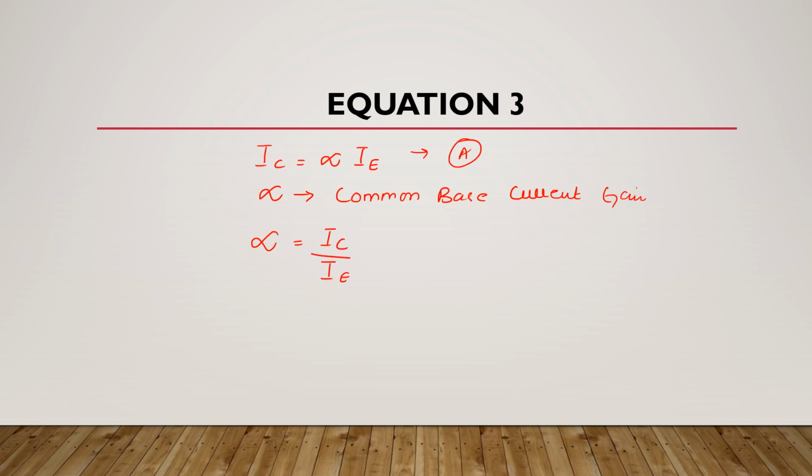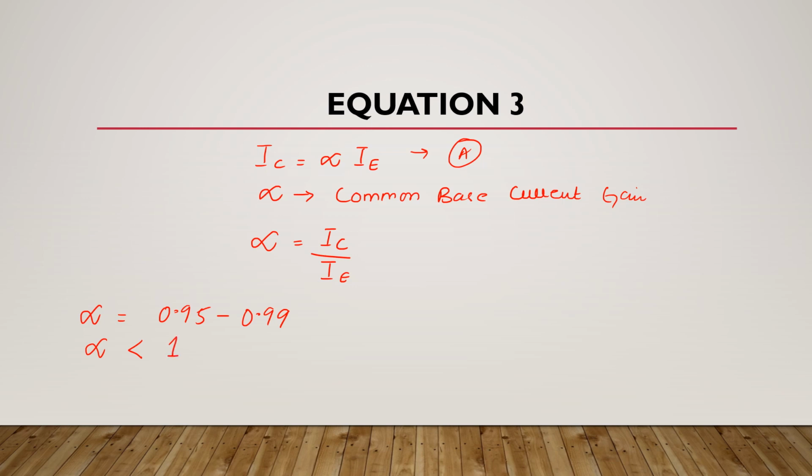It means this alpha is the ratio of the DC collector current to the DC emitter current. Typically, the values of this alpha range from 0.95 to 0.99. This alpha is always less than 1.